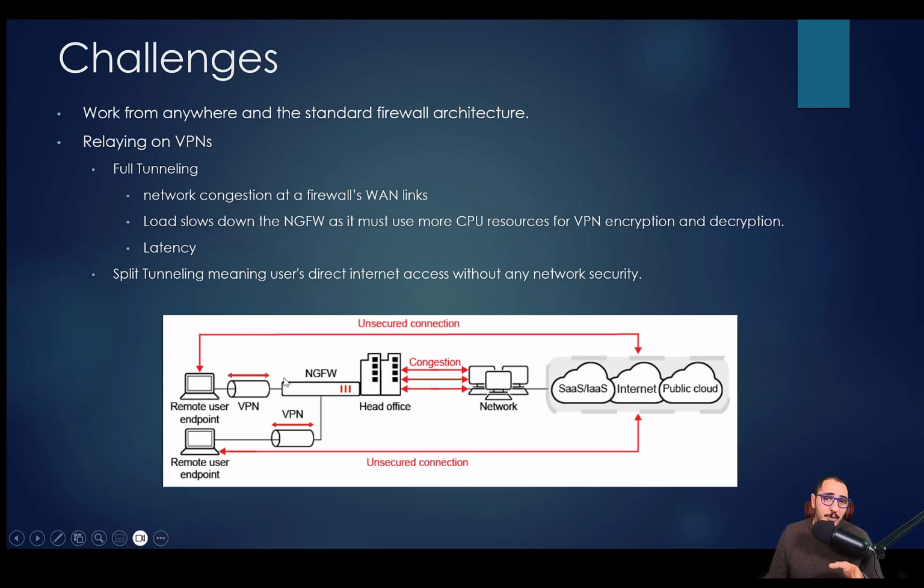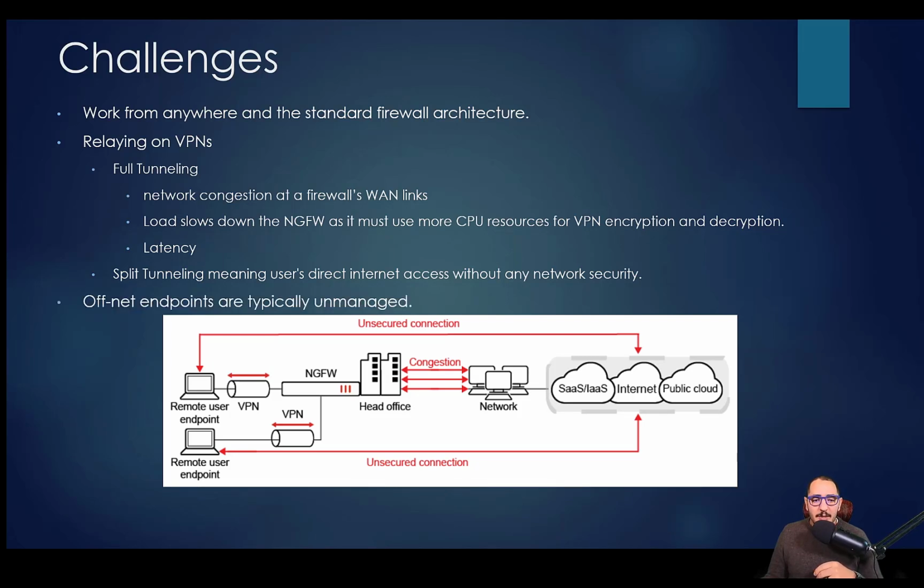And if you are using split tunneling, meaning traffic destined to the internet doesn't need to go through the VPN, it will go through your own public internet connection, but that would introduce a network security gap.